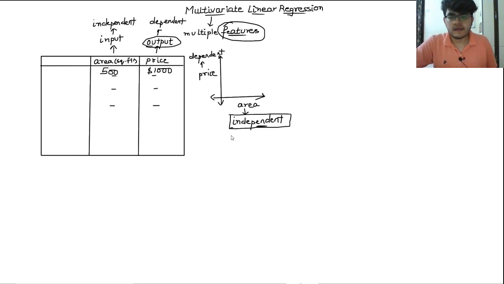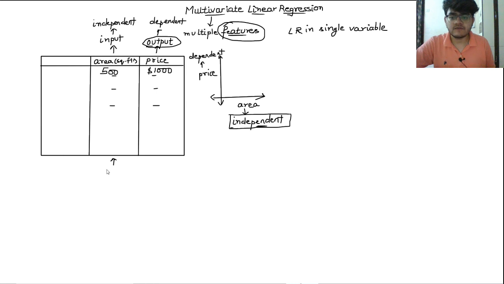Now in the previous tutorial, where we were discussing linear regression in a single variable, we were only having one feature, which was area.